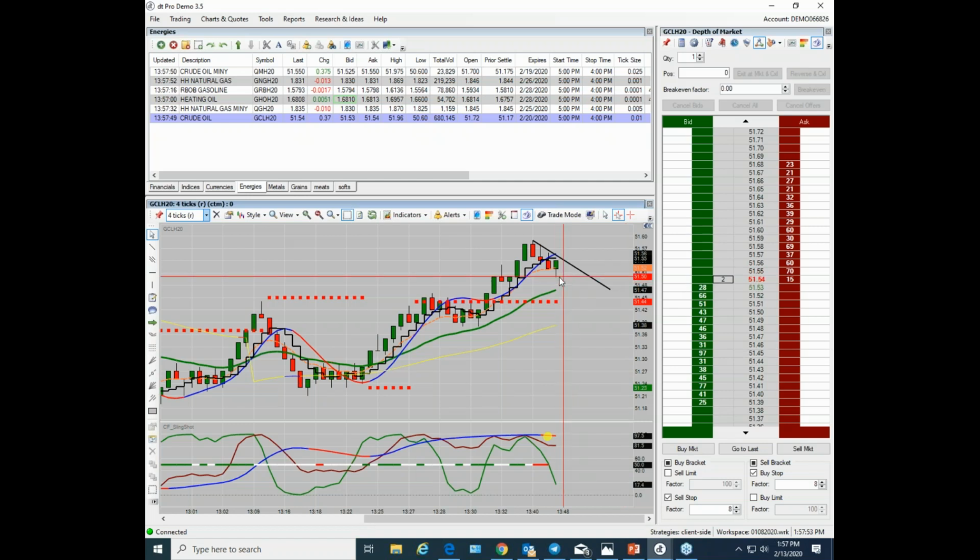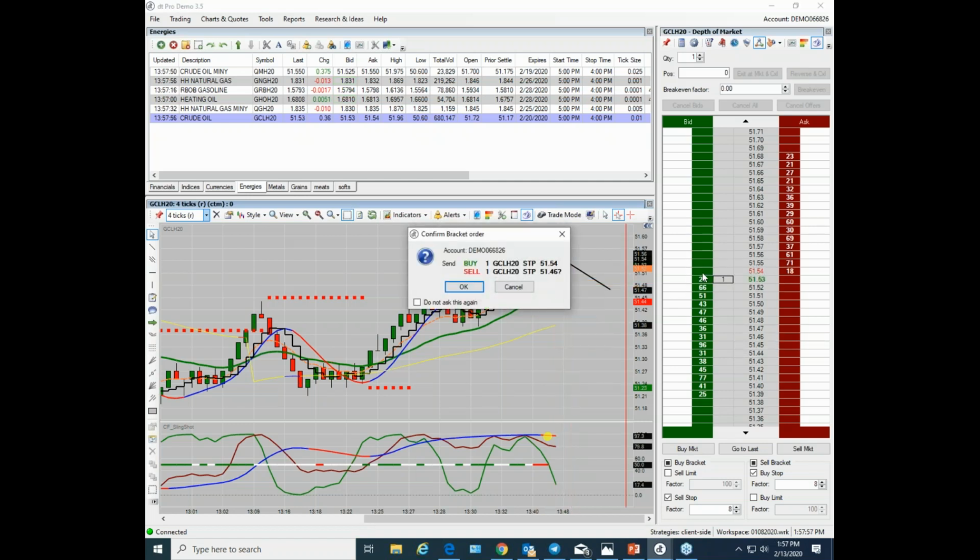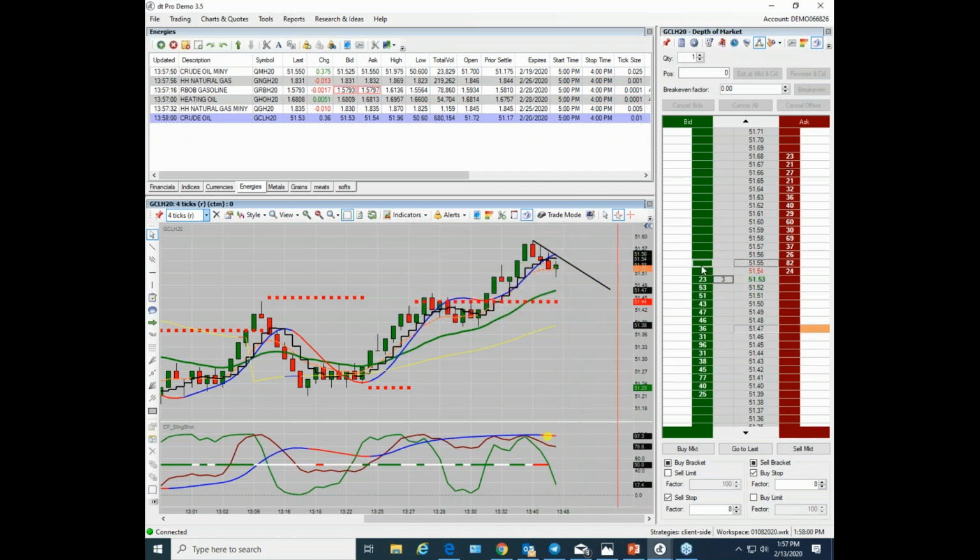So if the low is 51.50, we would right click in the green at 51.55. Add or subtract 5. That's your magic number. That fifth tick will activate a new candle.